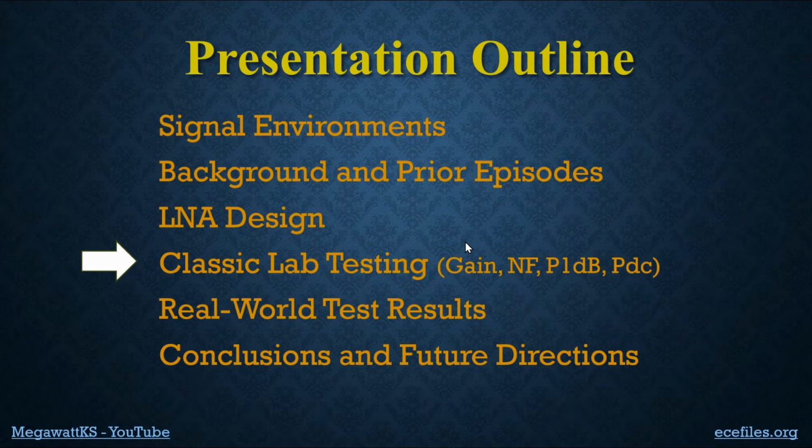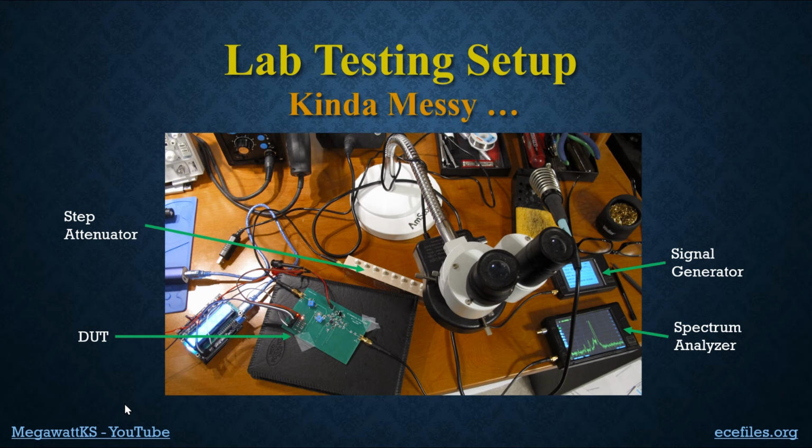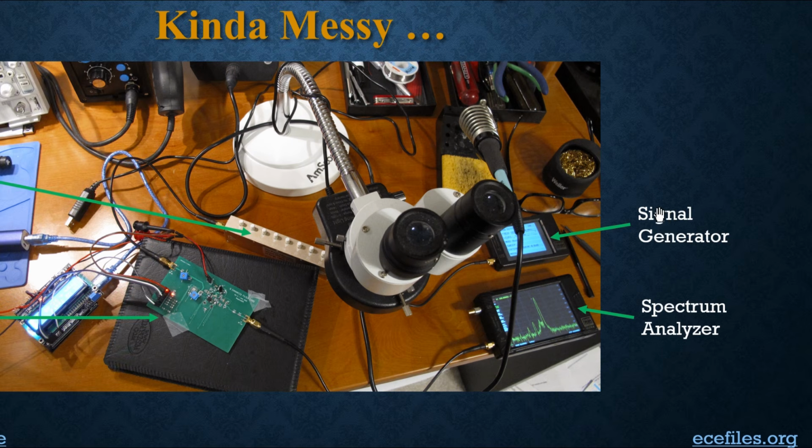All right, let's see how we do with this circuit. Let's see how it performs. Here's my lab setup for most of the measurements we're going to see. There's a signal generator over here, which is basically a tiny spectrum analyzer that is switched into signal generator mode. And its signal comes out on this coax.